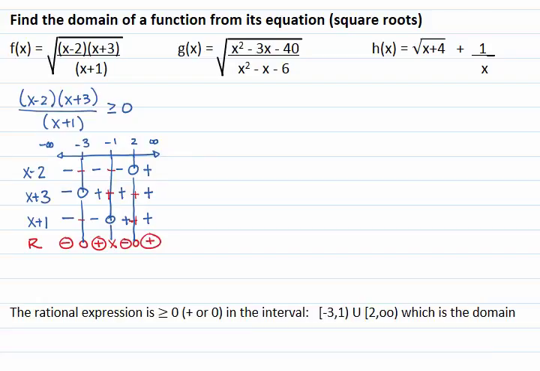The domain of the rational expression are the values of x that create either a positive or a 0 quantity. So the domain of f is the interval from negative 3 to negative 1, but it is open at negative 1 because it is undefined for that value of x, union from 2 to infinity.